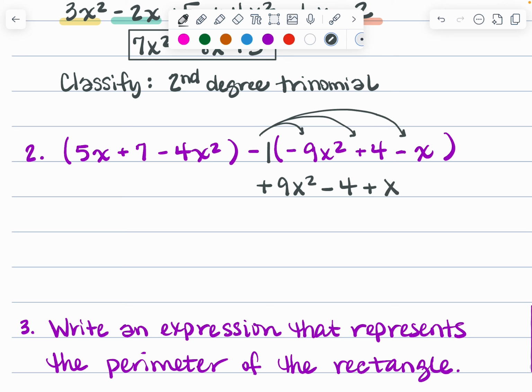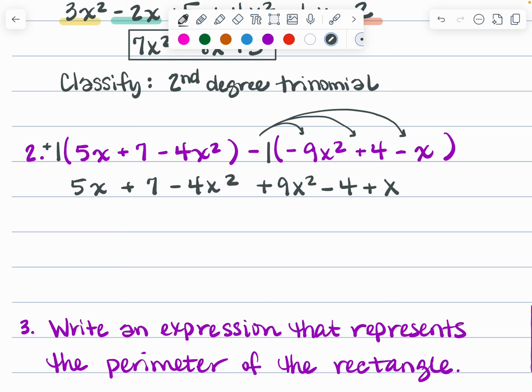So just be really careful when you're subtracting. It's going to flip all the signs that come behind the minus sign because you're technically multiplying by a negative 1. My first polynomial isn't going to change though, because again, that's just a positive 1 sitting in the front. So we can essentially just bring down those terms.